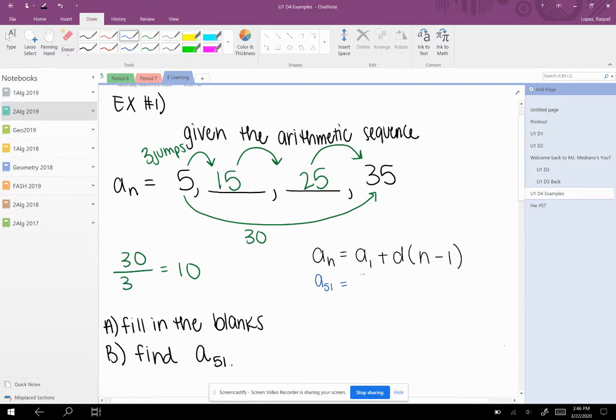I know the first term is 5. Our common difference is I'm adding 10 each time. 51 is going to go in for n, and then we're just going to follow order of operations. So that becomes 5 plus 10 times 50. Well, 10 times 50 is going to be 500. So that's 5 plus 500. And so the 51st term in this particular sequence is 505.